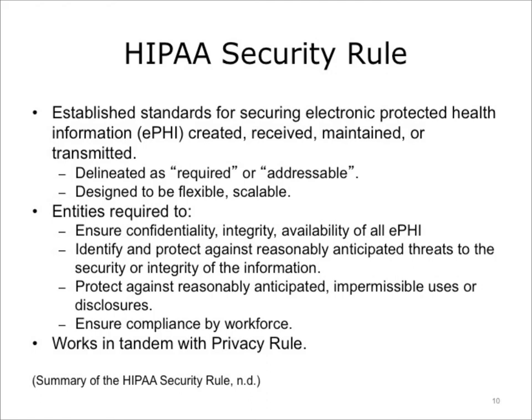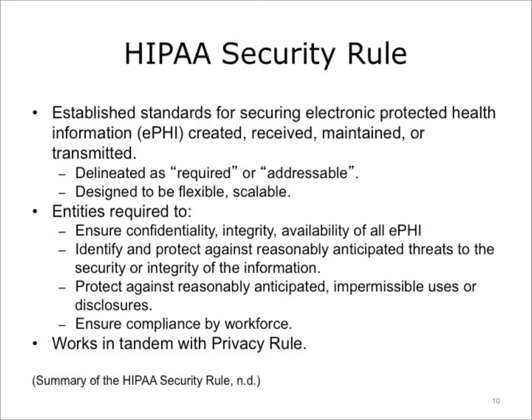The security rule defines confidentiality to mean that ePHI is not available or disclosed to unauthorized persons. The security rule's confidentiality requirements support the privacy rule's prohibitions against improper uses and disclosures of ePHI.